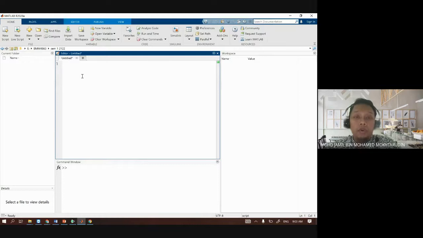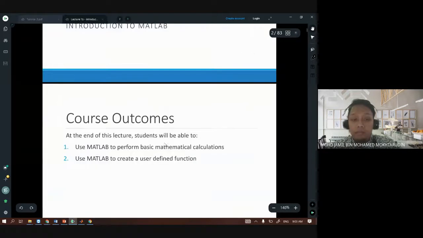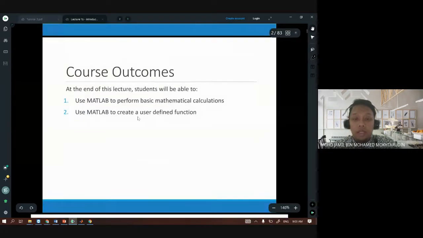Maybe some of you already know, maybe some of you have never used MATLAB before. So we go to lecture notes 1B, Introduction to MATLAB. At the end of this lecture, you should be able to perform basic mathematical calculations using MATLAB and use MATLAB to create a user-defined function.